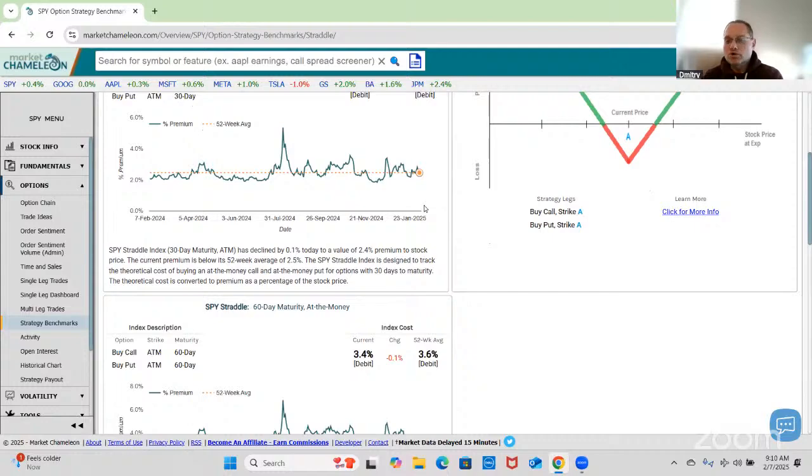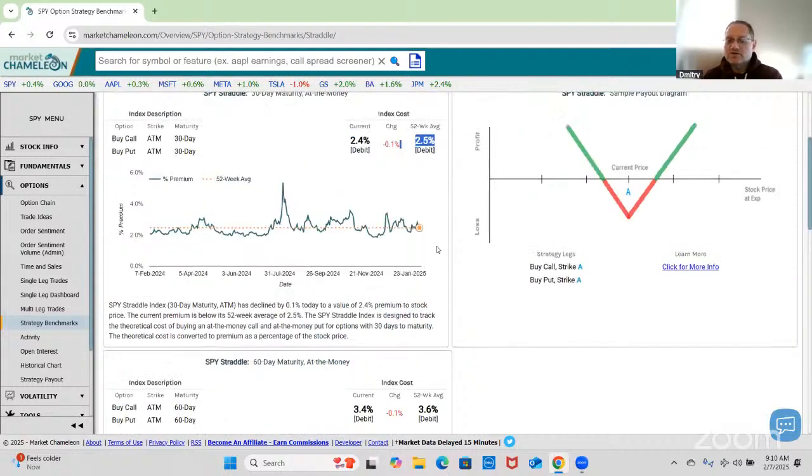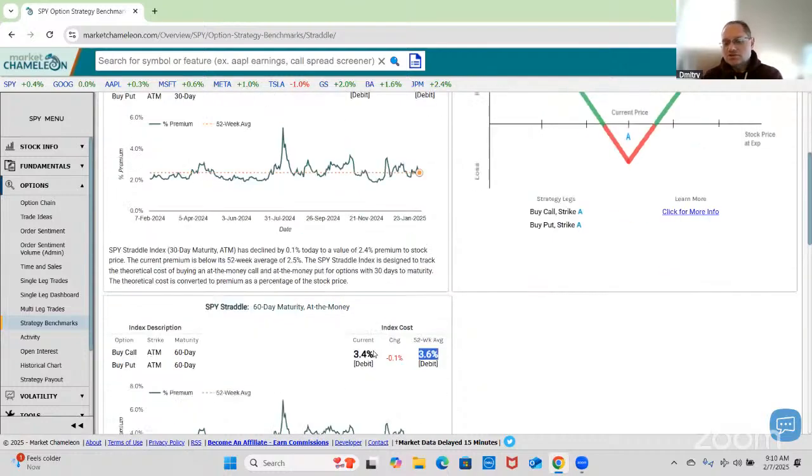I'm sorry, a 1.1 difference from 2.5 to 3.6. So that's something when you're looking at it, and trying to decide which way you're moving, or do you buy one versus selling one? Do you just move up to the further expiration, or do you stay in the near term?